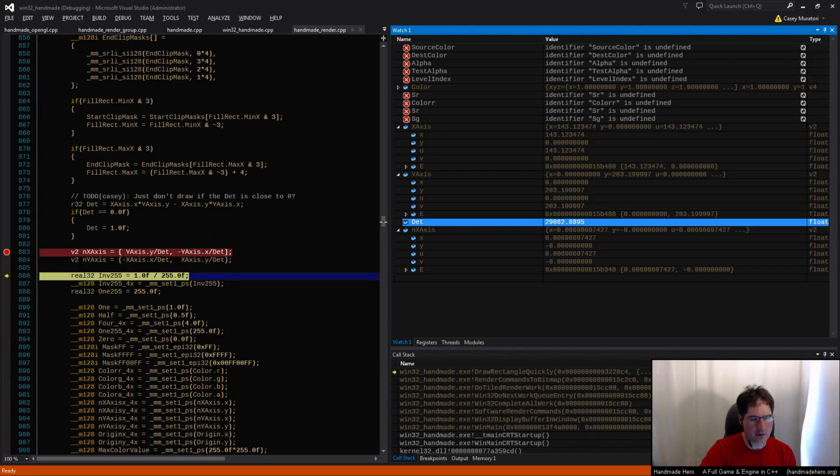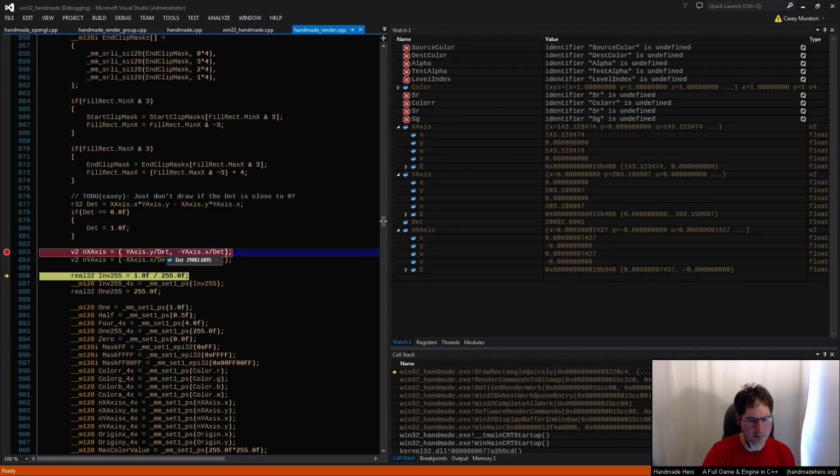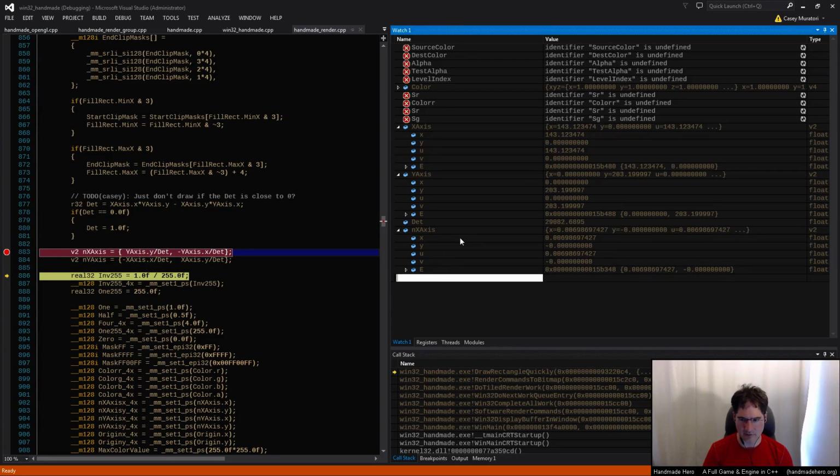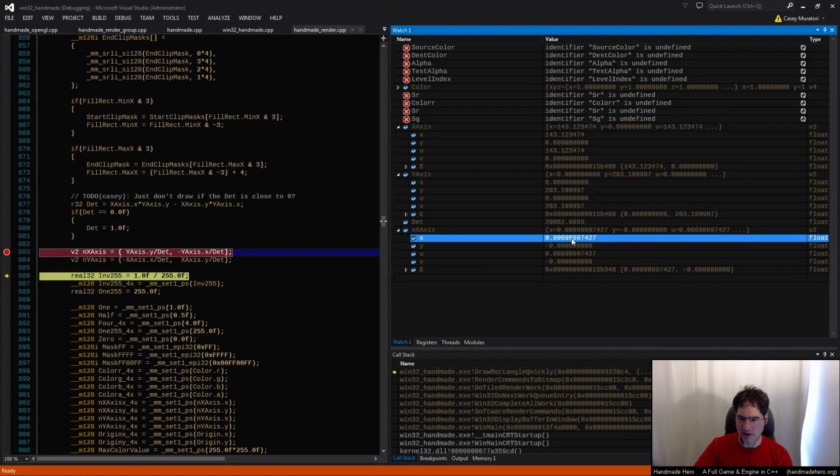But yeah, thinking it through, it would be nice if we had a slightly easier one that was a little bit more normalized, I suppose. But even as it goes, if we take a look at what the n-x-axis values are, when we dot product with this, it's going to be moving basically that slowly, right?